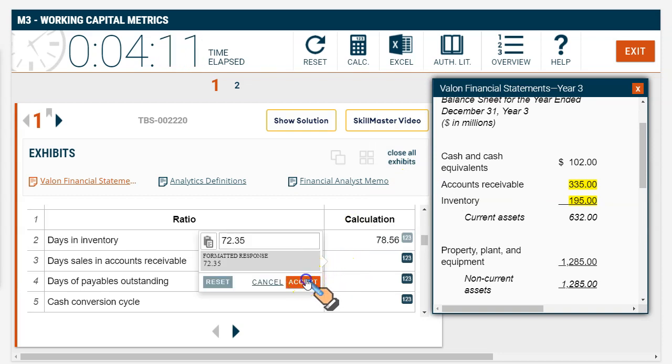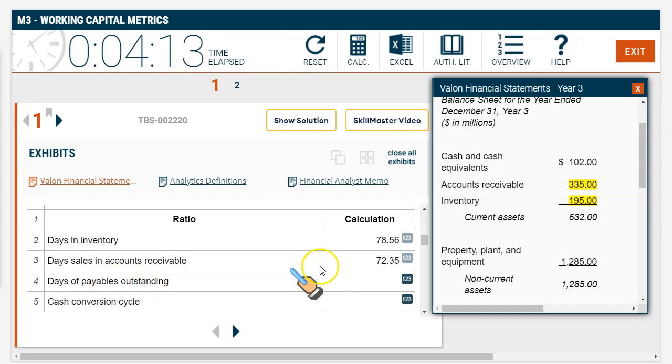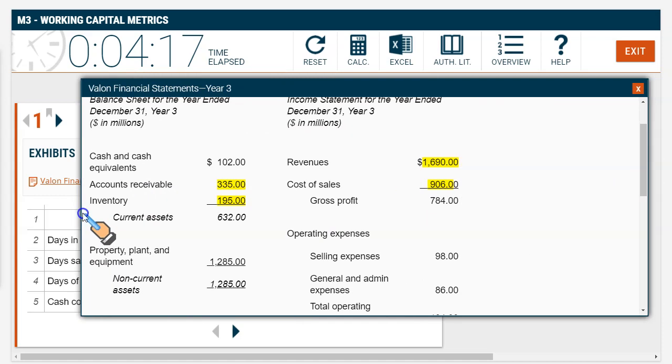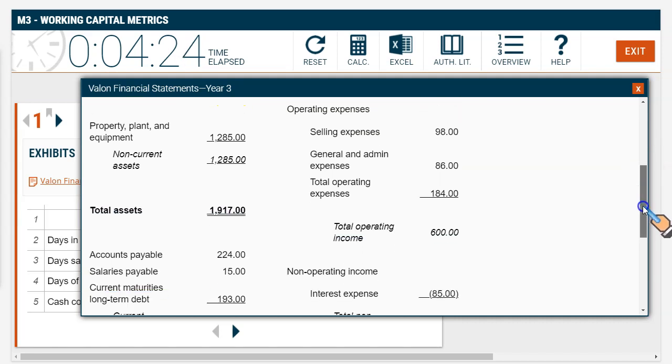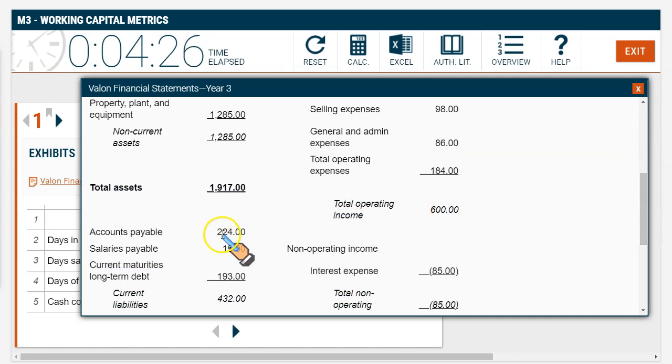Done. Next we have the days payable outstanding, or the average payment period, that is the time you take to pay your suppliers. For that you need to look at what we have in accounts payable. This one, 224. This is the numerator of the formula, you know that, we've done many questions like that.